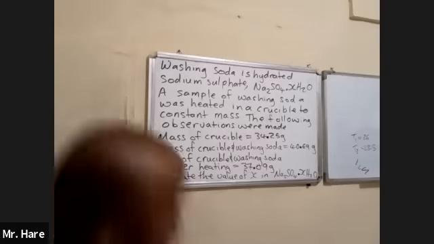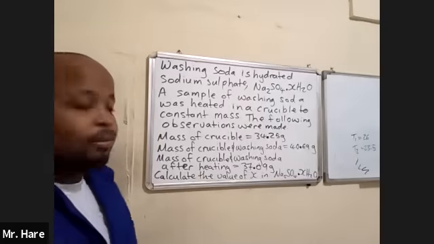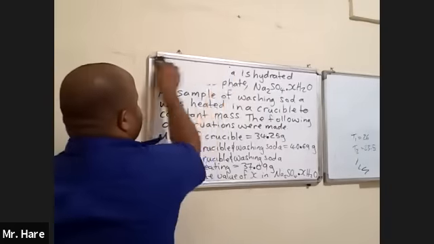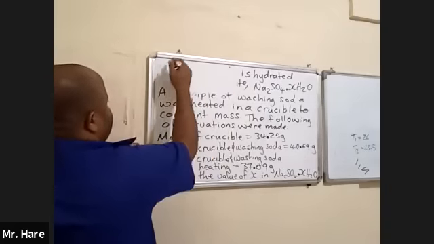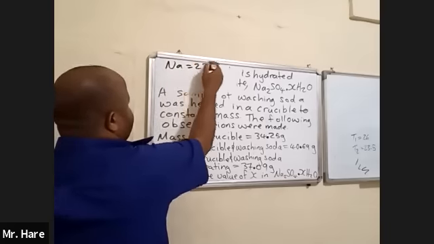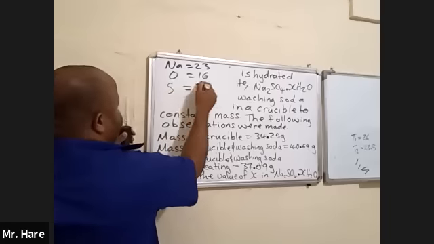All right. So the mass of sodium. Sodium is 23, oxygen is 16, and sulfur is 32.